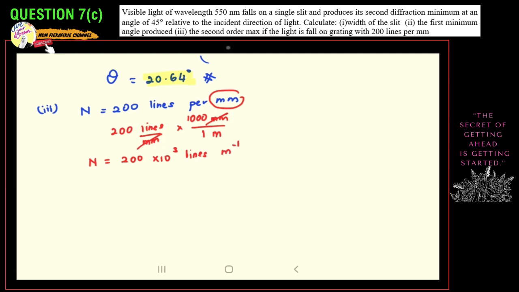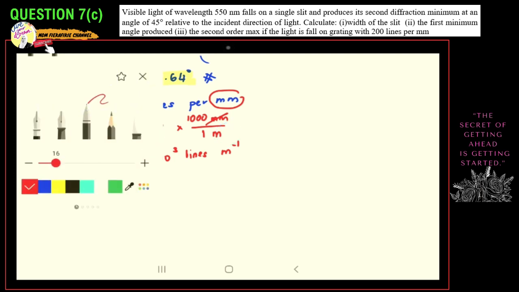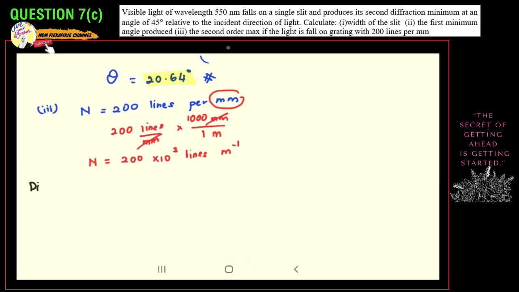Okay, after that then we can calculate. Okay, the second order maximum. So let's calculate the second order maximum. Okay, so for the second order maximum, this is about diffraction gratings. Okay, remember this is the diffraction gratings equation. Okay, d sine theta is equal to m lambda.